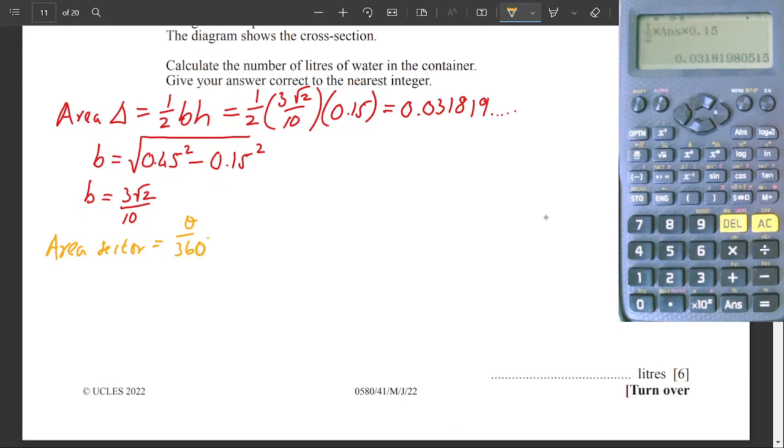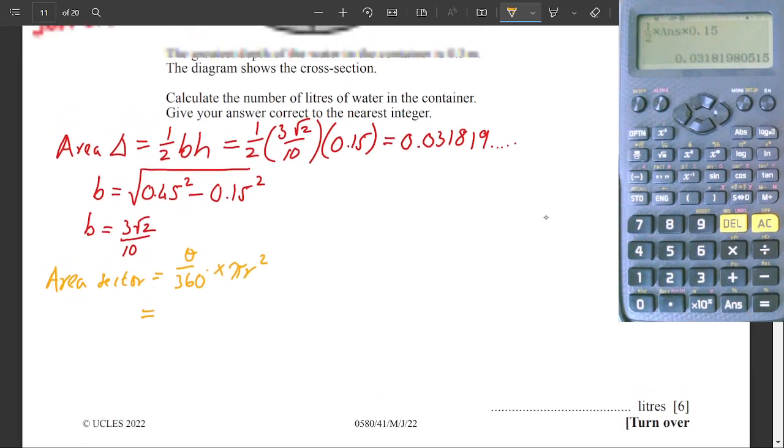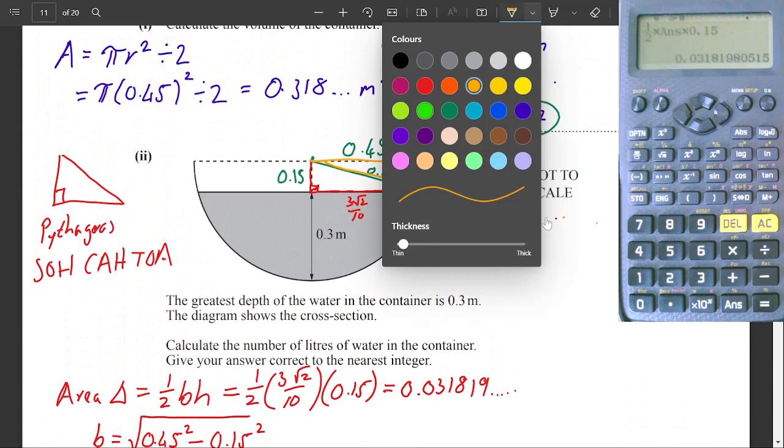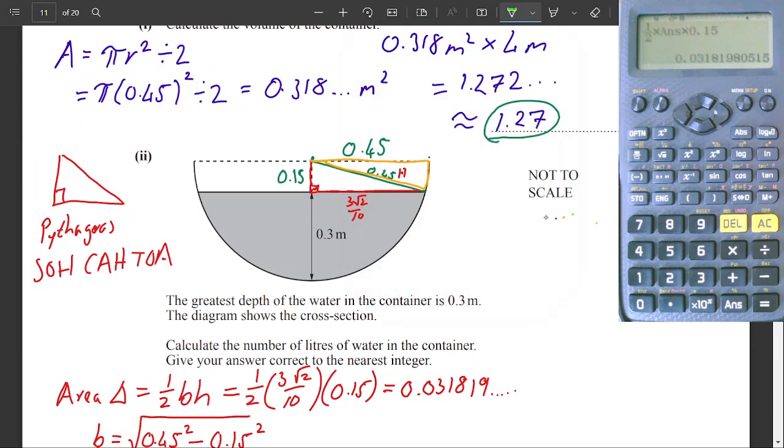That gives us the fraction of the circle, times the formula for the area of the circle. Do we have that angle? I'm afraid at the moment, no. But what do we have? Stay calm. We've got a 90-degree angle here. And using SOHCAHTOA, we can find that angle there.